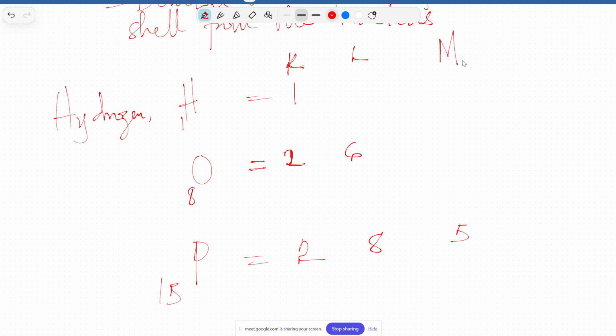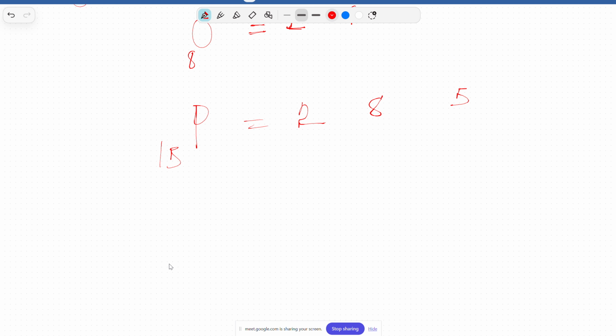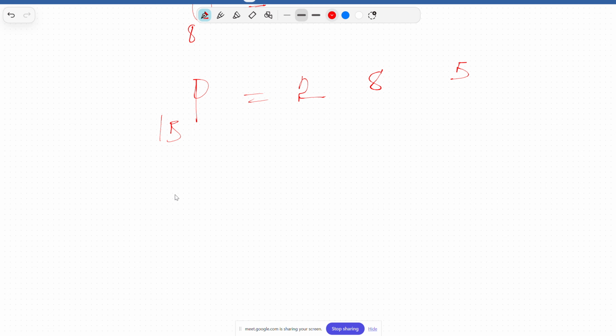Do we understand? Yes, sir. Okay. Then can someone tell me for calcium how is the electron configuration going to look like? How many in K shell?